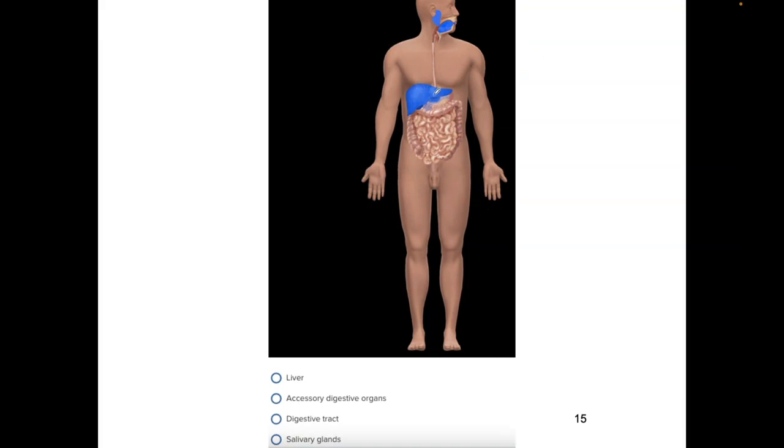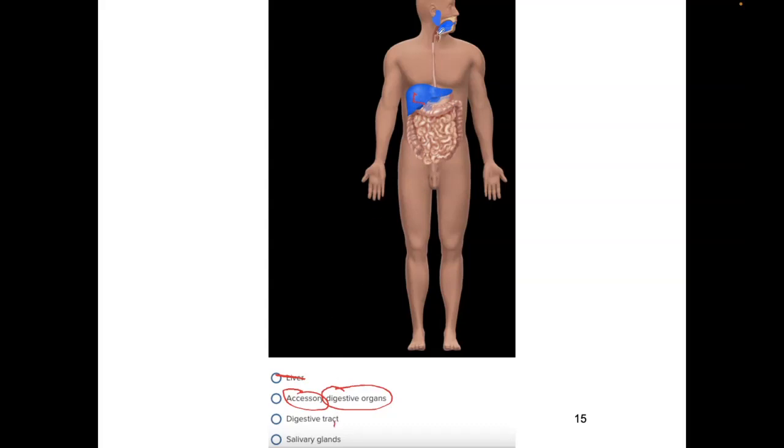Okay, so now here's the liver, the gallbladder, the tongue, the salivary glands. So all of those things combined, they're part of the digestive organs, but they're not the main ones. They're accessory digestive organs. Okay, the liver is here. That's the liver.